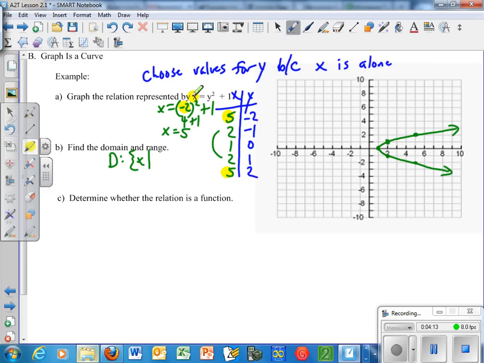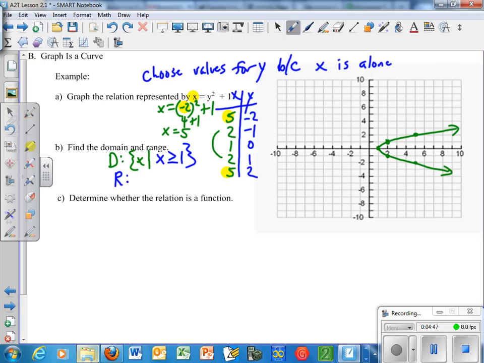So if you're thinking about the domain, everything from here and over are the x values that are graphed. So the leftmost point that graph ever gets to is an x value of 1. So basically, it's the set of all x such that x is greater than or equal to 1. All x values greater than or equal to 1.